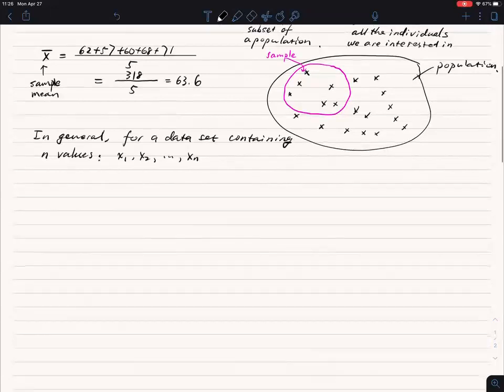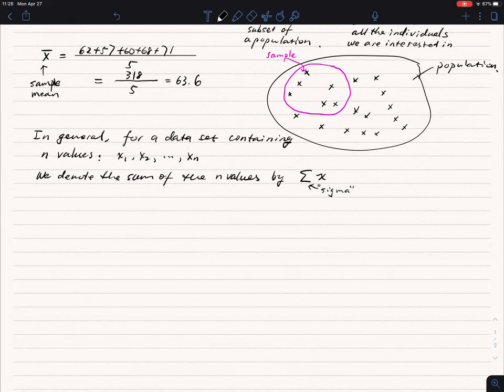Then we can denote the sum of the n values by sigma x. This is called sigma, sum. That means you add all those values together. This is just a shorthand.